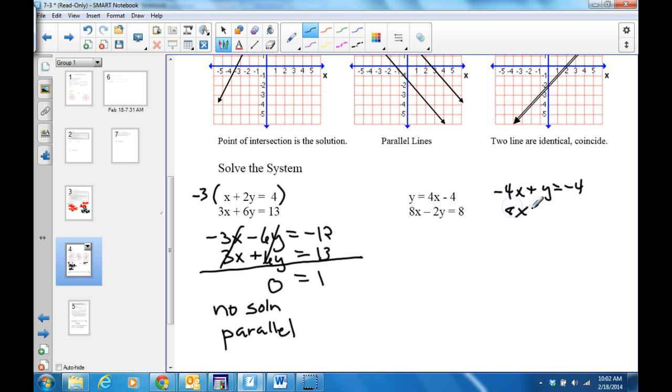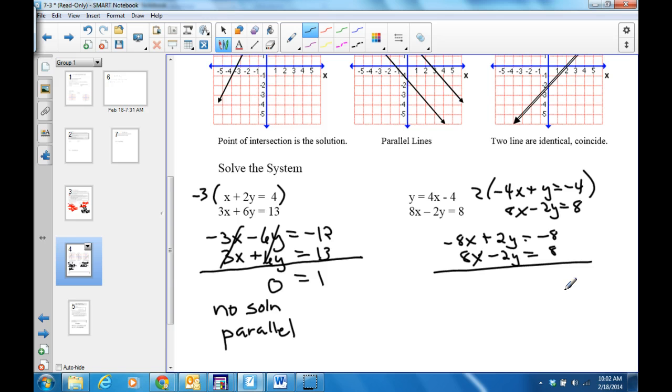And 8x minus 2y equals 8. What do I need to multiply by? By a 2. Okay? So if I multiply this by 2, I have -8x plus 2y equals -8. And then 8x minus 2y equals +8.